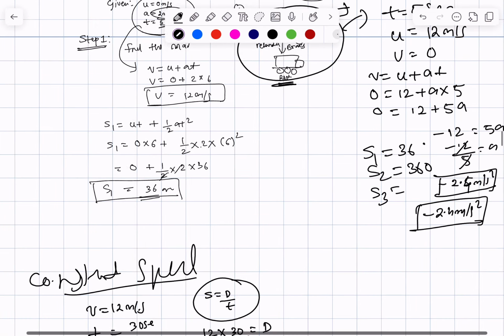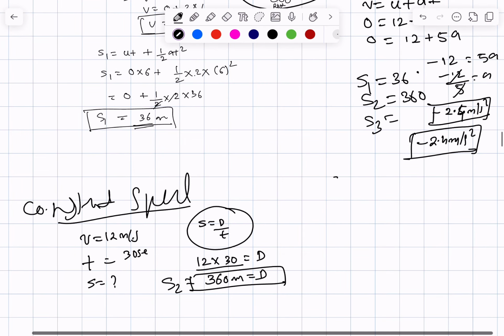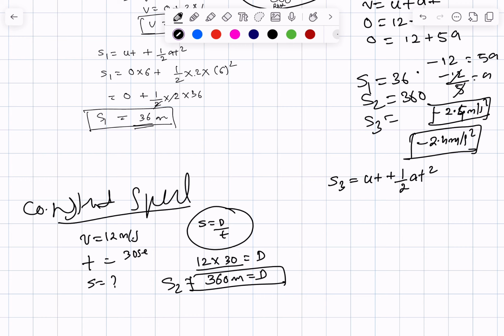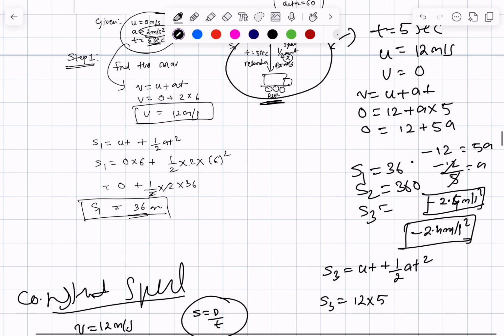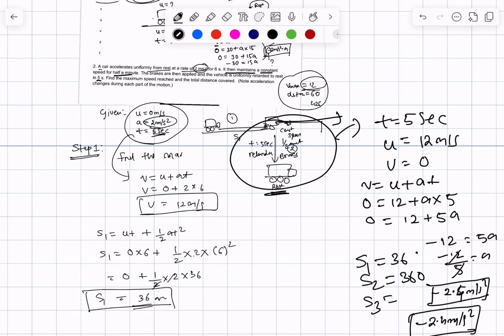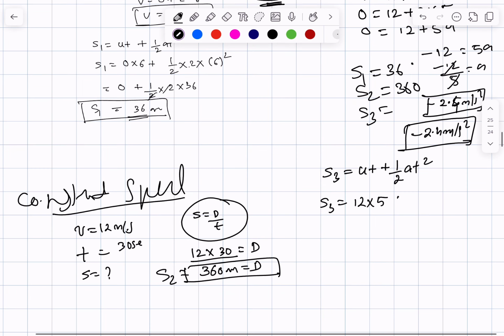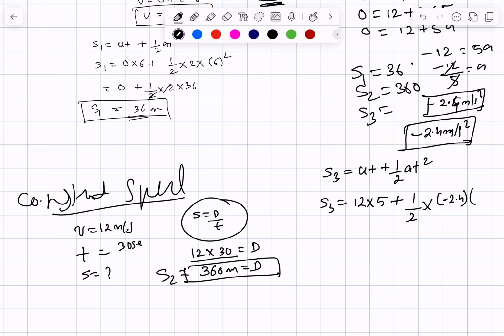So this is the deceleration, and now that you know the deceleration, you can use the formula again, ut plus half at square. u is what? 0? Or no, it is 12. And time is 5, yes, because they have told us that in 5 seconds. Plus half, acceleration is minus 2.4, and the time is again 5, right?